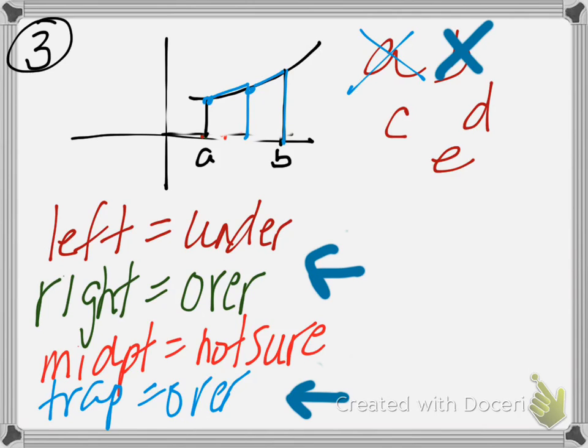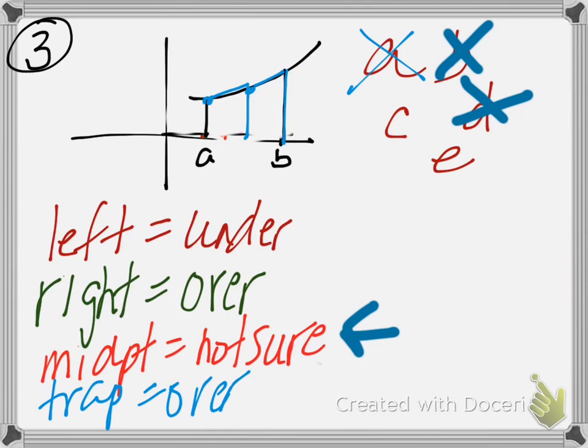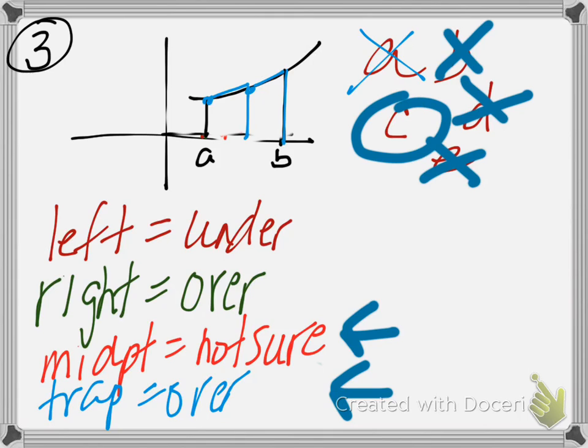These are both overs, so if you had to choose between C and D, we're taking D out, because there's no way for us to figure out exactly how much over. And E says the midpoint, which we were unsure of because it was very close, is smaller than the trapezoidal sum. We really can't say, and therefore the answer would have to be C, because C is saying that the right-hand sum would be bigger than the midpoint.